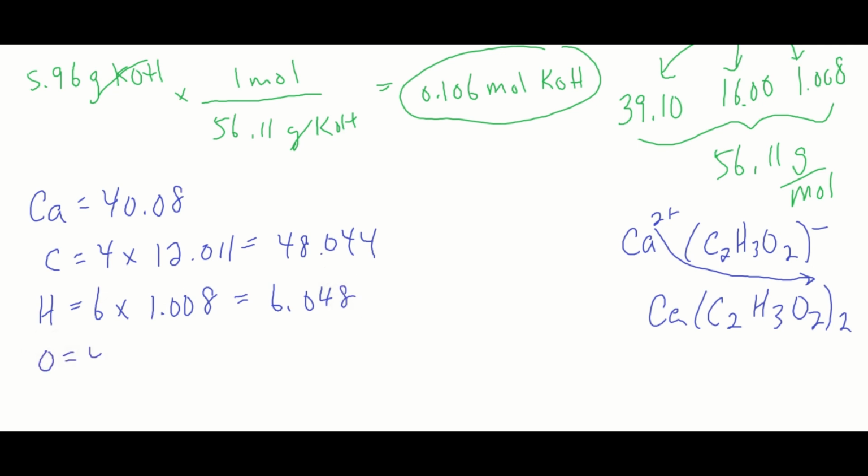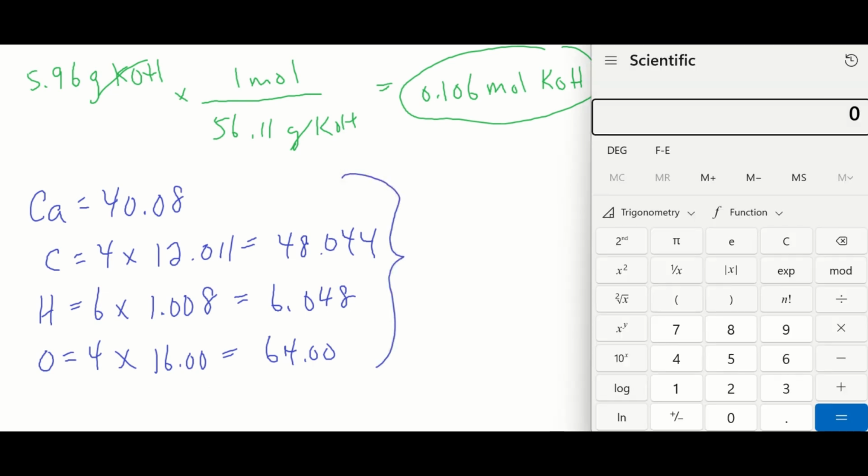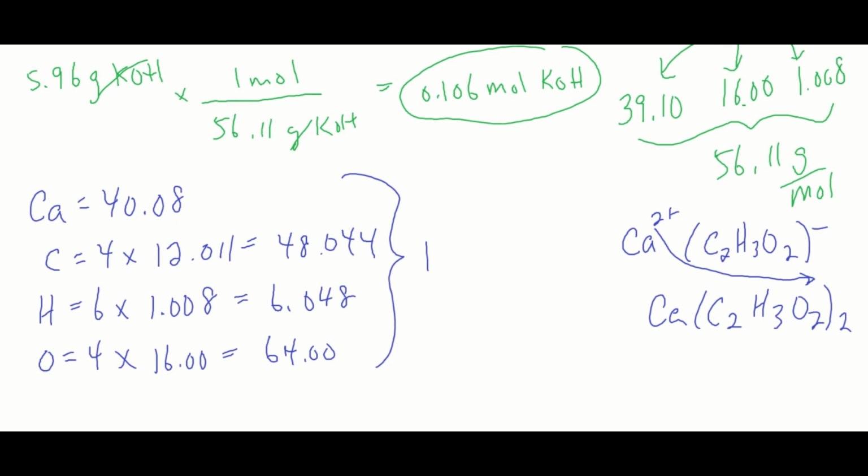And there's 4 oxygens, giving us 64.00. All right, let's get 2 decimals. 158.17.